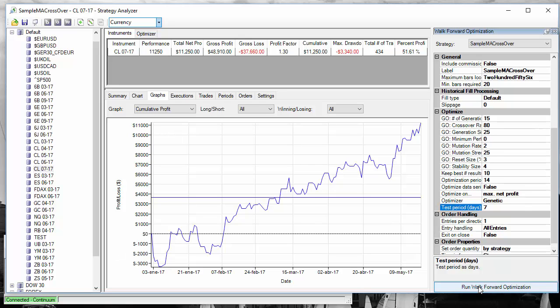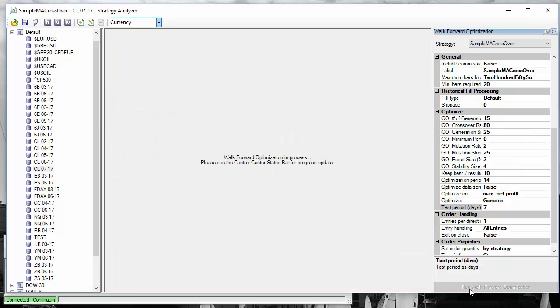If we execute this walk forward, it will take a little more time because it is executing several optimizations. Each optimization is of 2 weeks and then a backtest of 7 days.